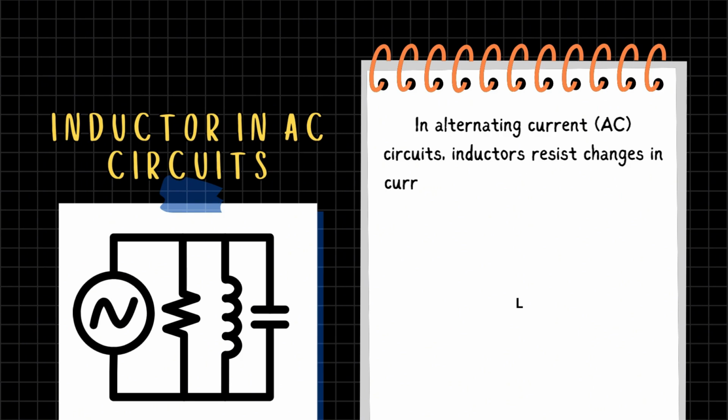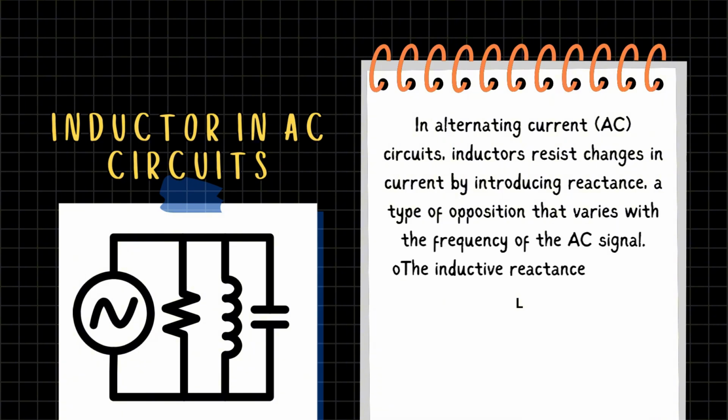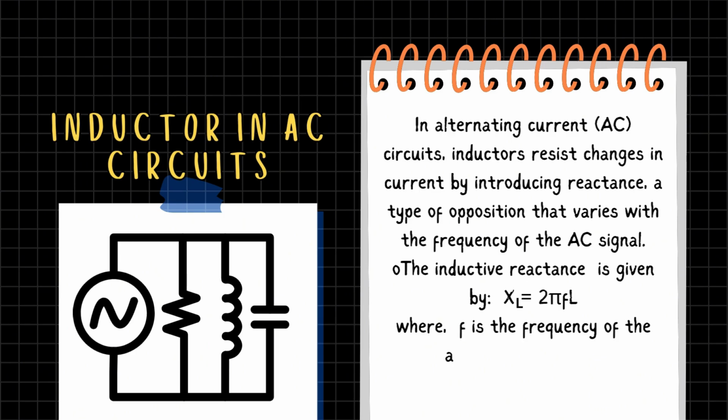In alternating current circuits, inductors resist the change in current by introducing reactance. It is a type of opposition that varies with the frequency of the AC signal. The inductive reactance is given by XL equal to 2 pi F L, where F is the frequency of the alternating current and L is the inductance.